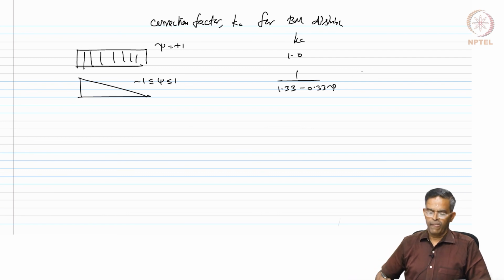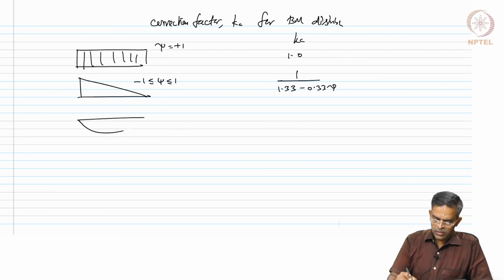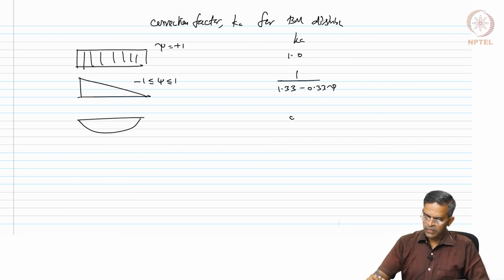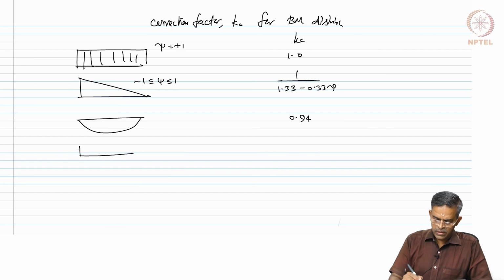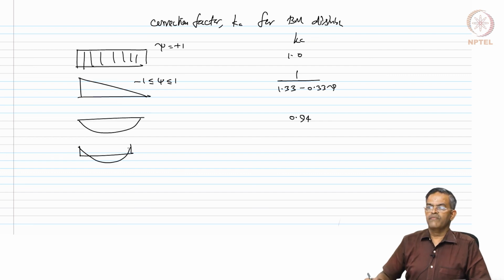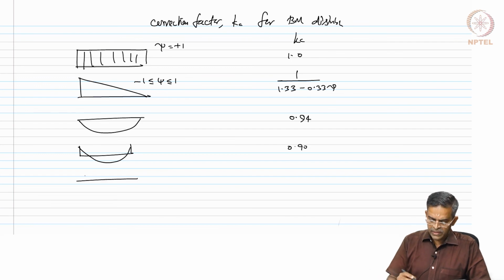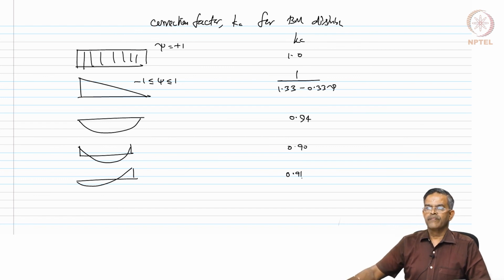If it is a distribution of this order, 0.94. If it is a distribution of this order, which can be a fixed beam, 0.9. If it is eccentric on overhang, it is 0.91.